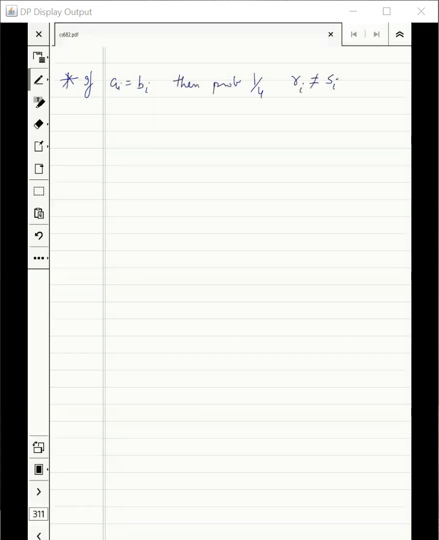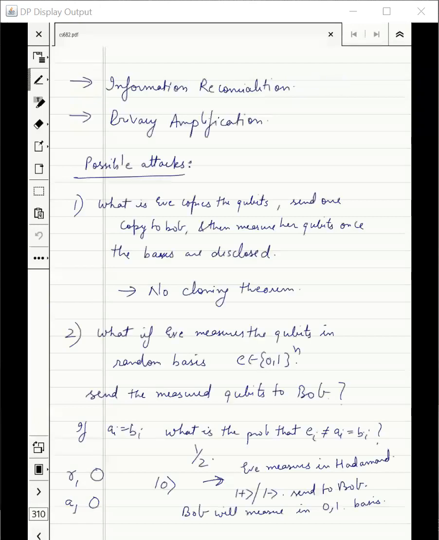Do you agree? If Ai is equal to Bi and Ei also agrees, then nothing doing, we can't help it. Eve got lucky. With probability half, Eve will have a different basis. If Eve measures in a different basis, then she will definitely select plus or minus. And then with an extra half probability, Bob could fall into either 0 or 1.